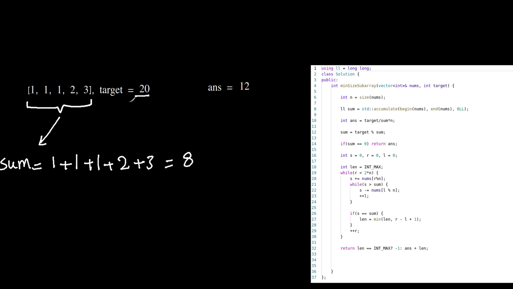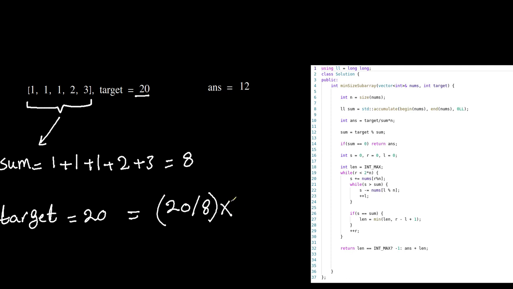Now the target equals 20, and this is equal to 20 divided by 8 multiplied by 8 itself. 8 is the sum, plus 20 mod 8.